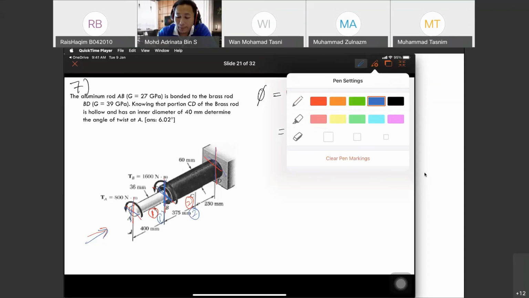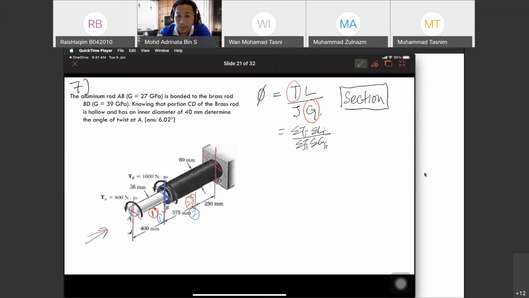L kita dapat, dan any additional info, J ni adalah C, sebab dia adalah pi over 2 times C to the power of 4. So C adalah any exchange of diameter, radius.